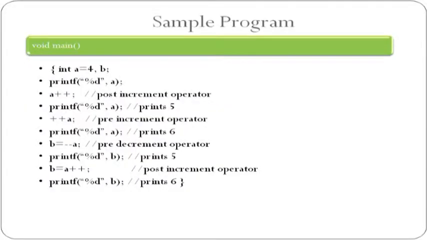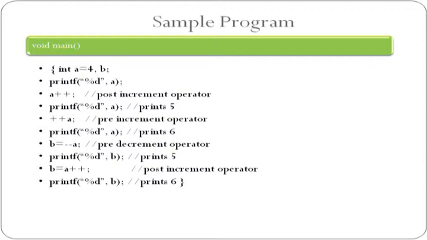In our case, we have a plus plus, which is a post increment operator. So whenever I printf a, it prints as 5. Then I have plus plus a, which is a pre-increment, and when I print the value of a, it gets printed as 6.